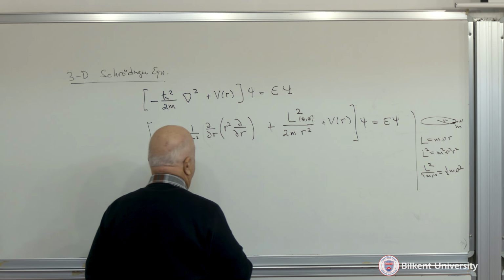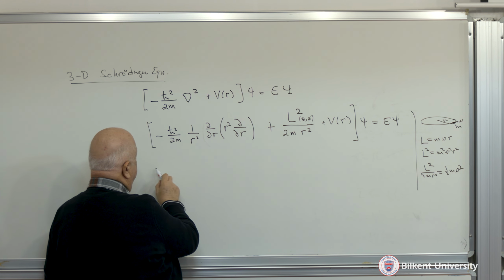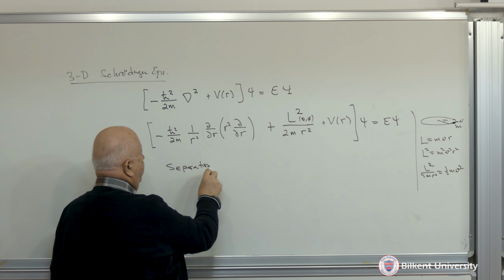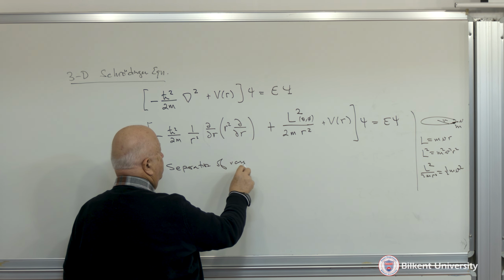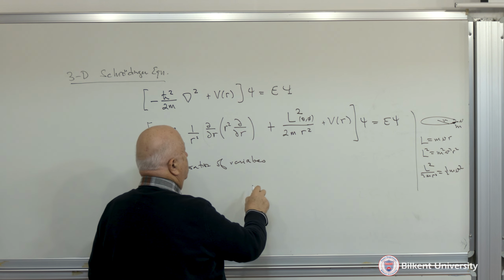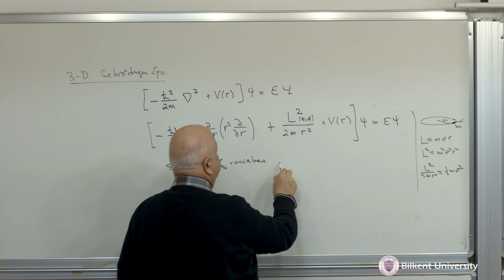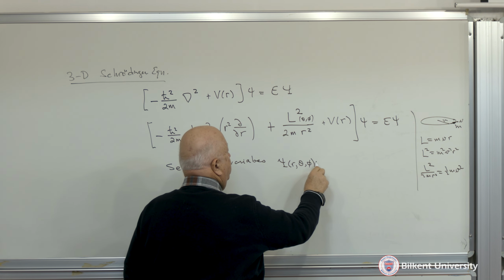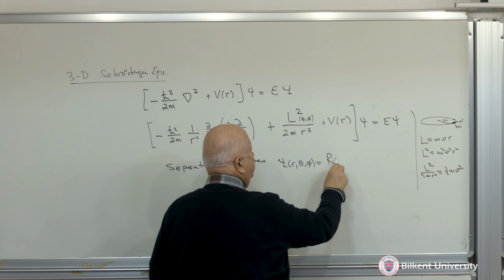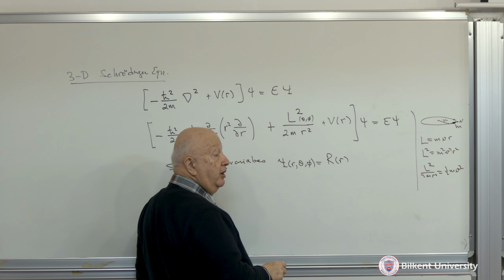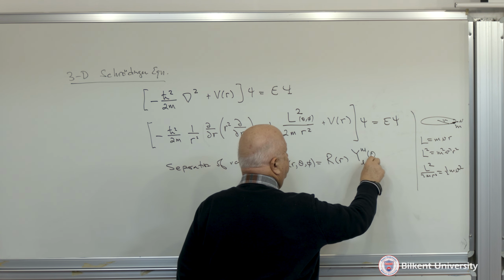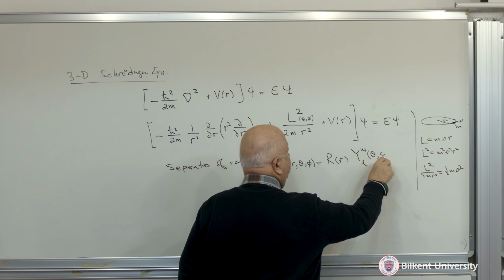Then we did a separation of variables. We said, suppose psi of r, theta and phi can be written as some radial function R of r, and the angular function, we found out that the eigenstates were in the form of Y_lm of theta and phi.